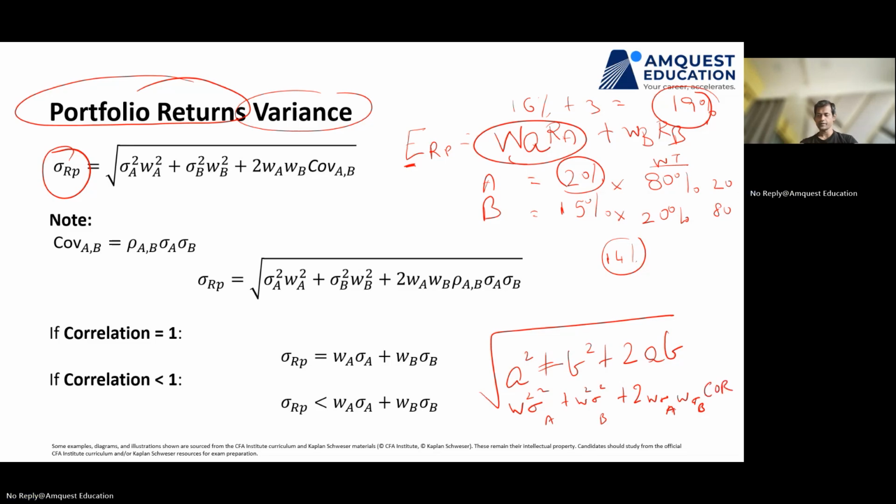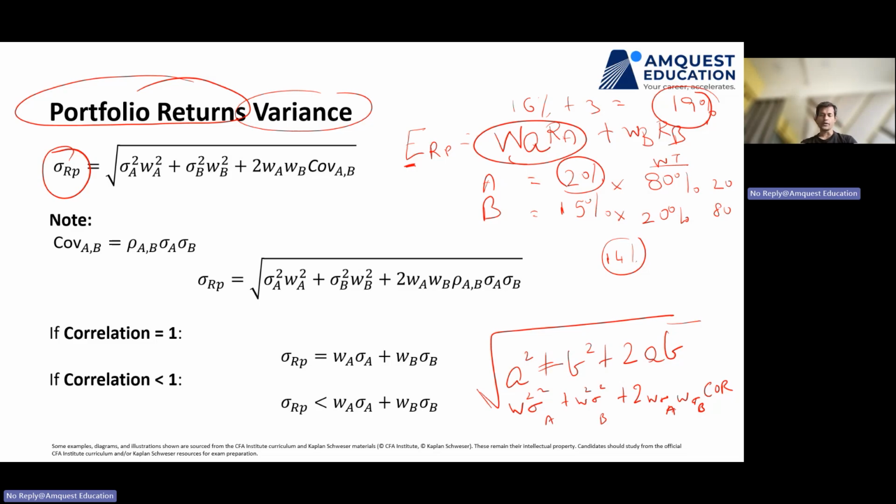Okay? That's your formula. Done. And why did I take the square root? Because I squared. So weight deviation square, plus 2, weight deviation, but add the correlation.